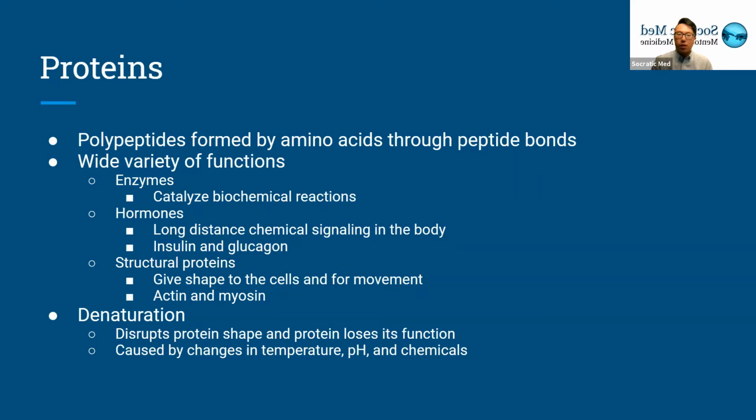It just loses the shape it adopted after RNA translation. So all the post-translational modifications that it had in order to get to the proper shape, it loses. But if the change that caused the denaturation is removed, it can regain its 3D shape again over time.